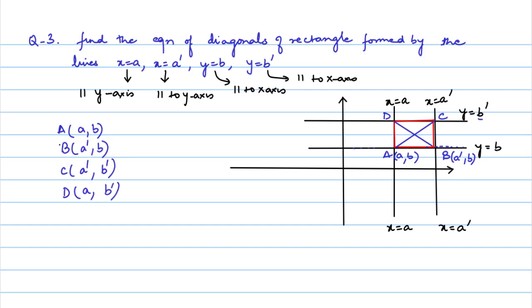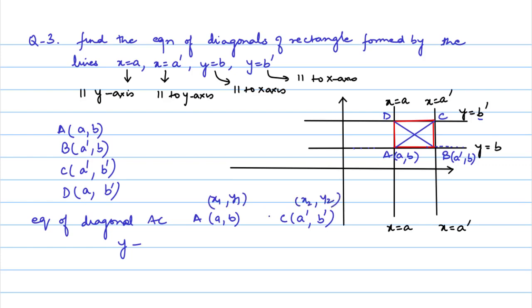Now if you know A, B, C, D, what would be the equation of diagonal AC? We can use the 2-point form because A is (a, b), and C is (a dash, b dash). So using the 2-point form, we can write y minus y1. Assume this to be x1, y1. Assume this to be x2, y2. y minus y1 equals the slope times x minus x1.